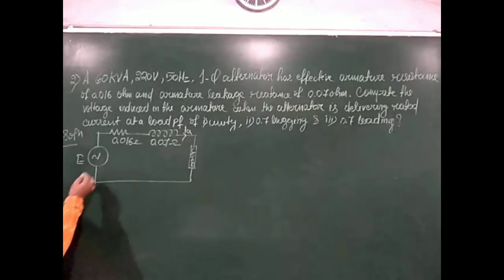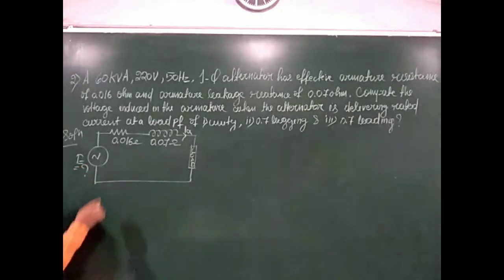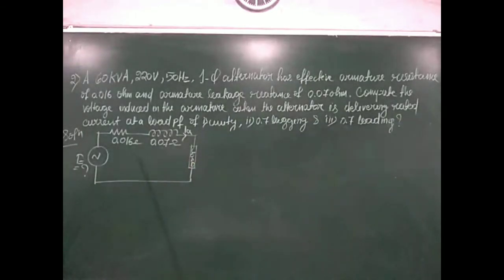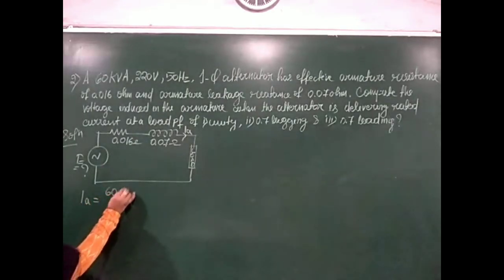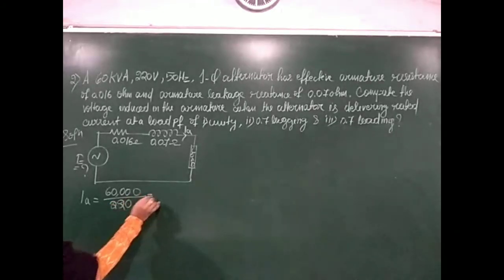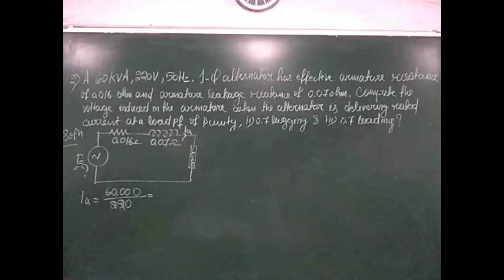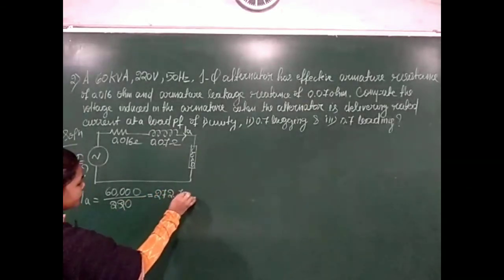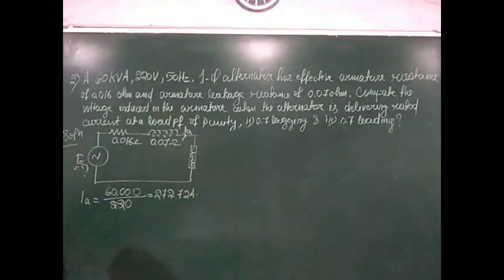So how do you get it? The output power is given as 60 kVA and the voltage is 220 volt. So IA is 60 kVA divided by 220, and it gives a result of 272.72 ampere.